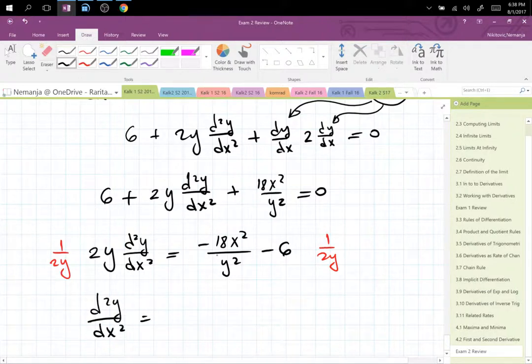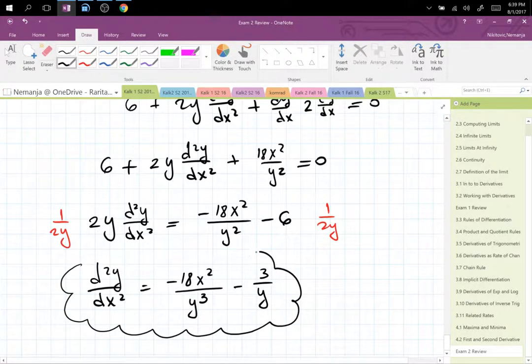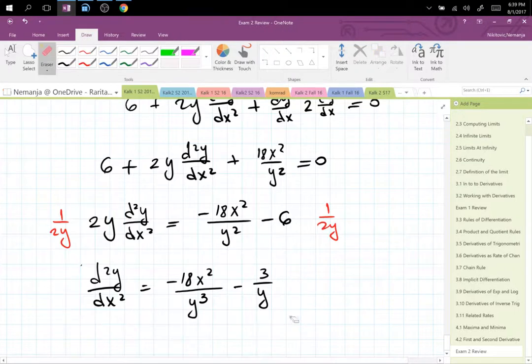So when I multiply here, I get negative 18x squared over y cubed minus 3 over y. Much better. What should be 9? Negative 9x squared over y cubed. Yes, it would be negative 9.